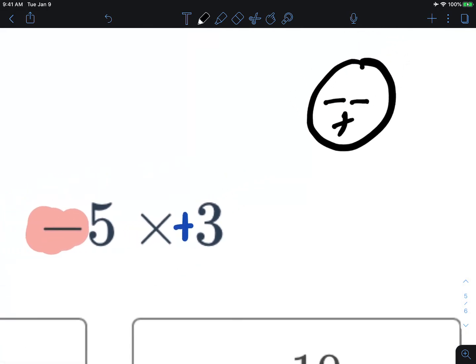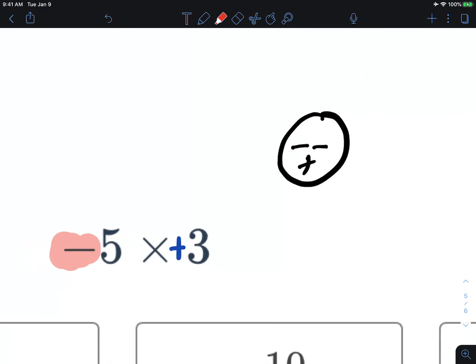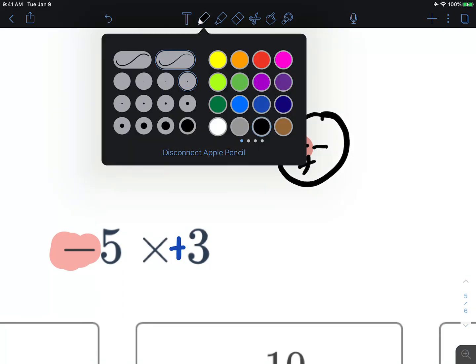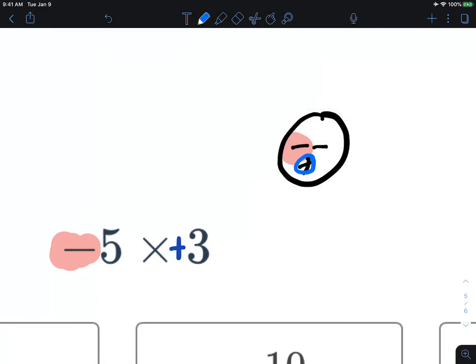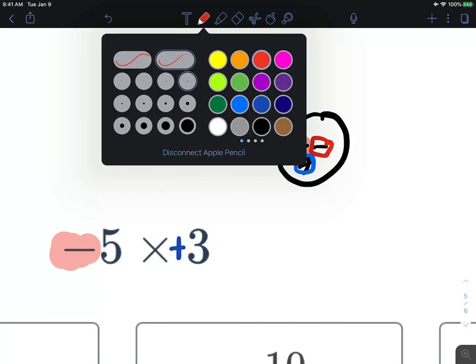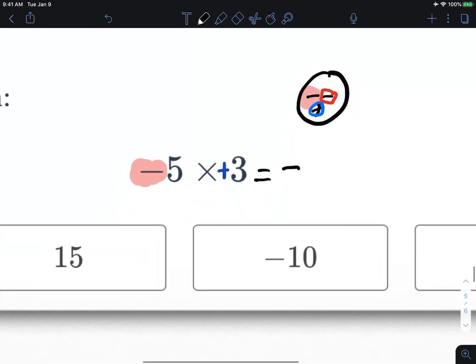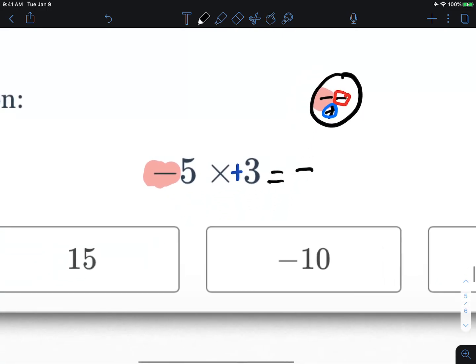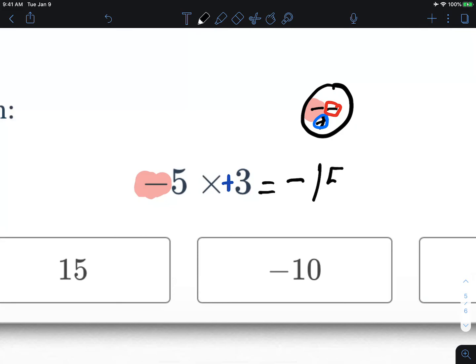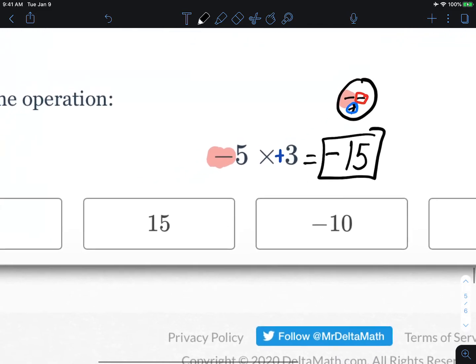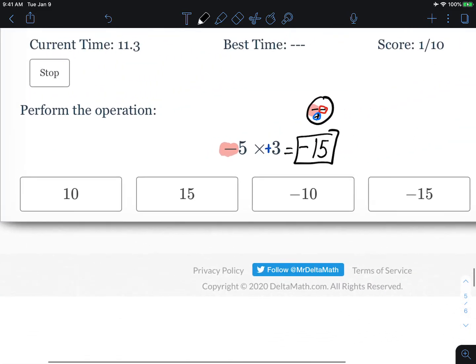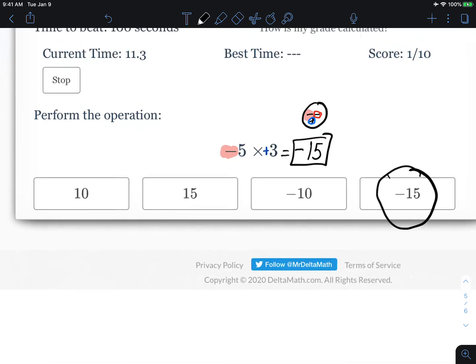So negative times a positive is a negative. So this answer is going to be negative. A negative times a positive is a negative. And 5 times 3 is 15. So I get negative 15. So where's negative 15? Right there. There you go.